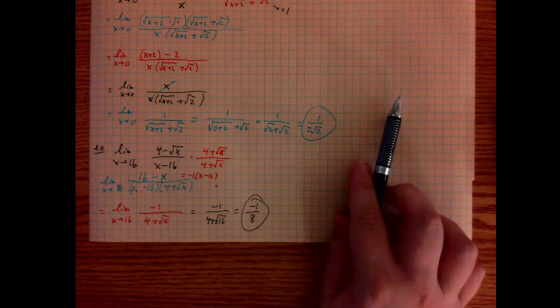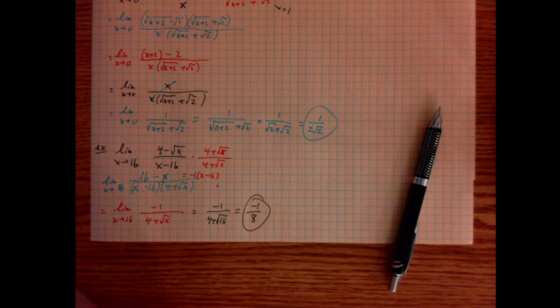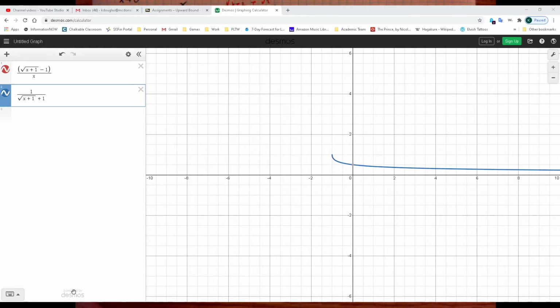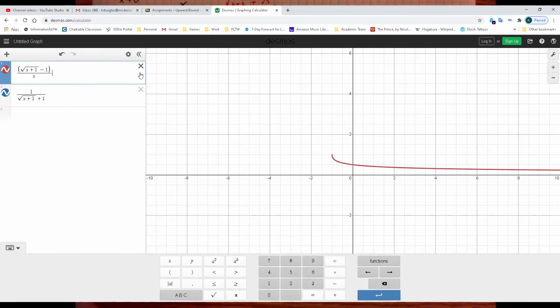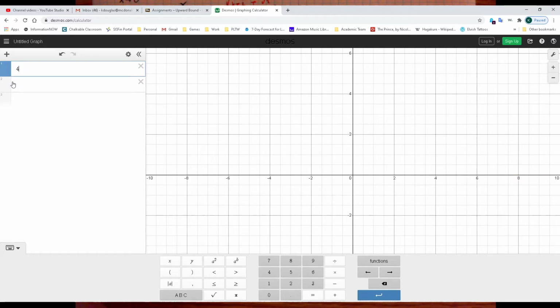And again, if I go back to my original equation, and I go to something like Desmos, let's take a look. I do get the same graph in these two equations. First equation was 4 minus square root of x divided by x minus 16.